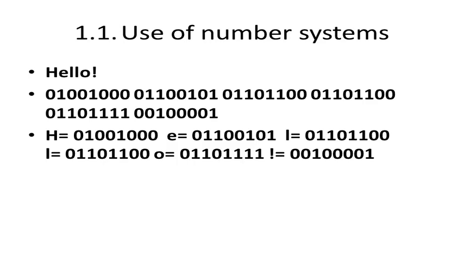H is represented as 0 1 0 0 1 0 0 0. This is how signals are sent to the computer when we are typing. When we type H, the keyboard generates a signal as 0 1 0 0 1 0 0 0.